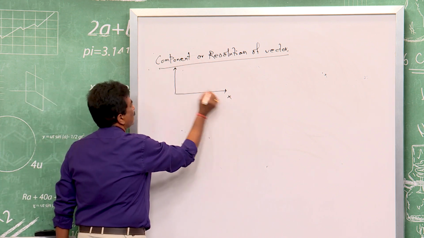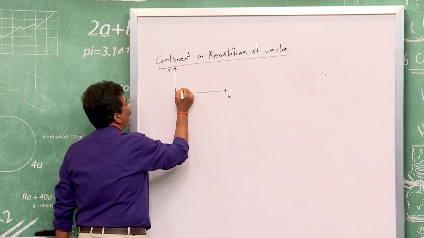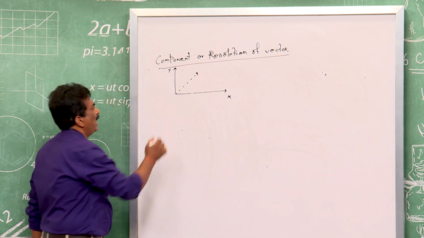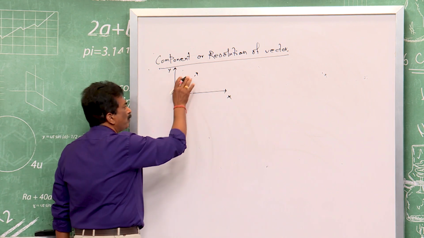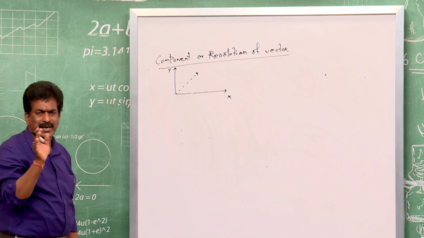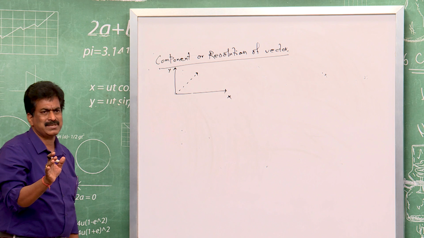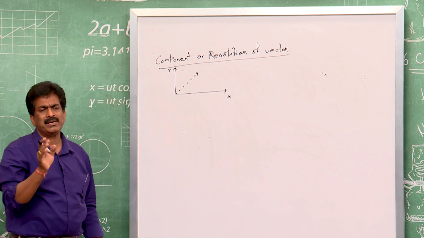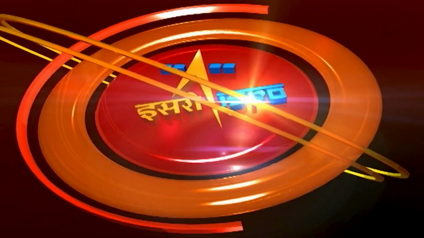Suppose this is the x axis, this is the y axis, and this is a vector I have taken. And when this vector is divided into so many parts, if their collection is taken together, then those will be its components.